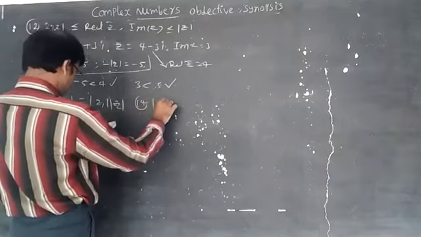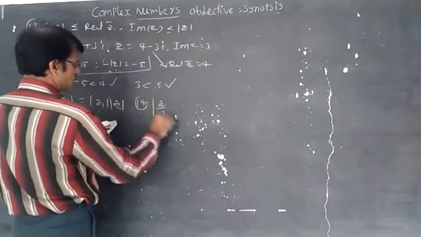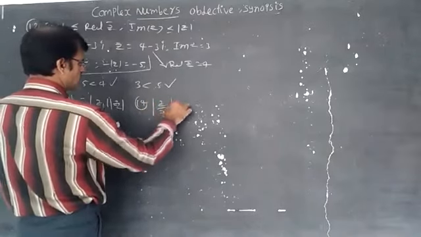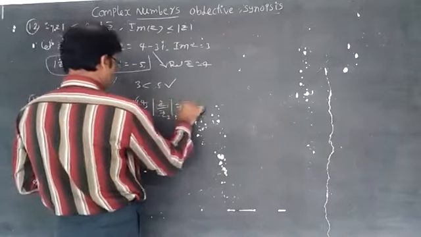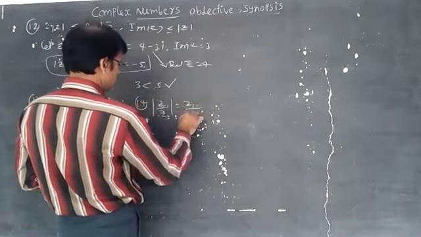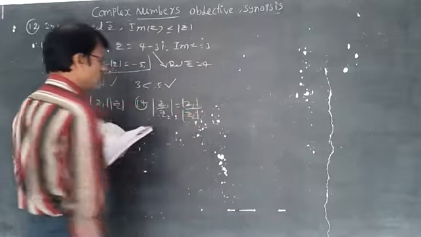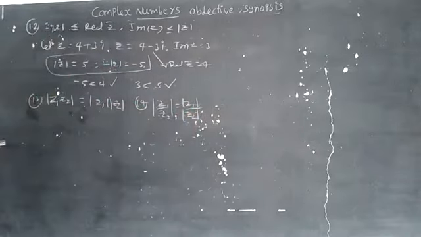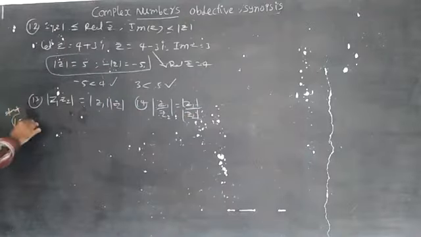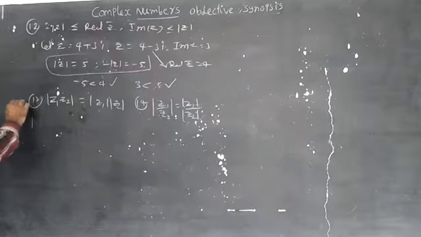Modulus of Z1 by Z2: you write modulus of Z1 by modulus of Z2. Modulus of Z1 by Z2 is equal to modulus of Z1 by modulus of Z2. Now, from here onwards, proofs are needed, and it is necessary for the mains concept.